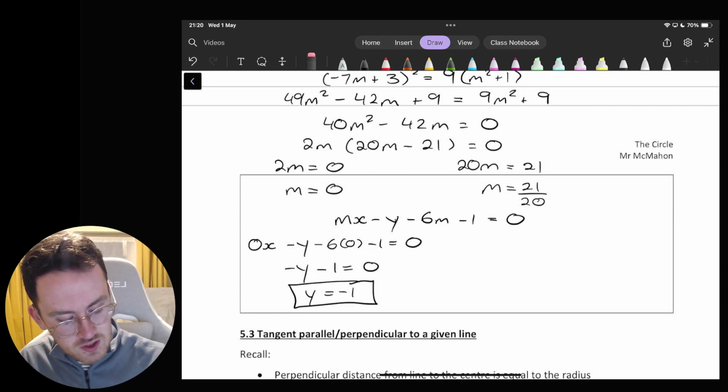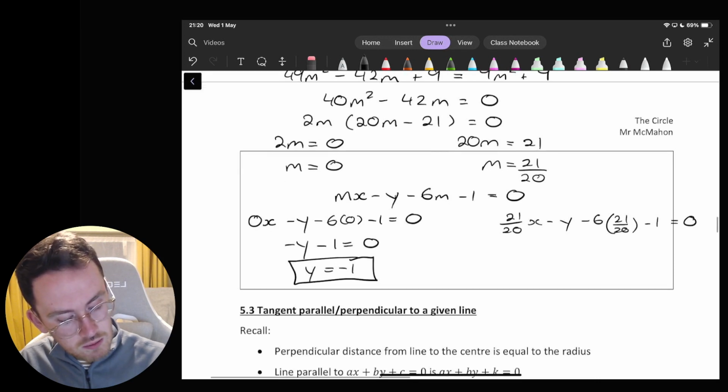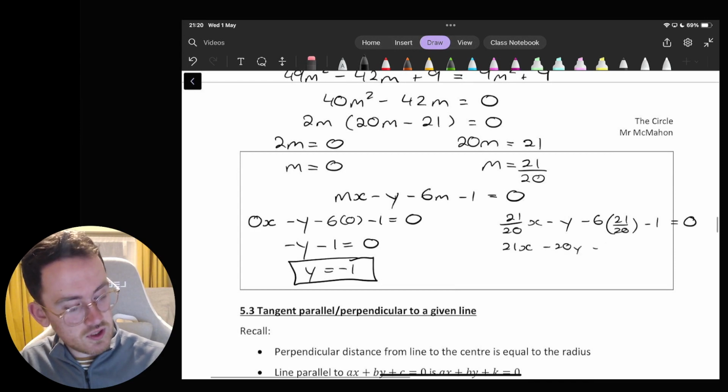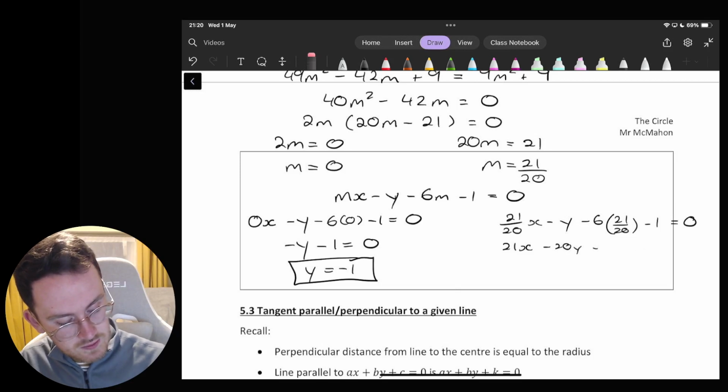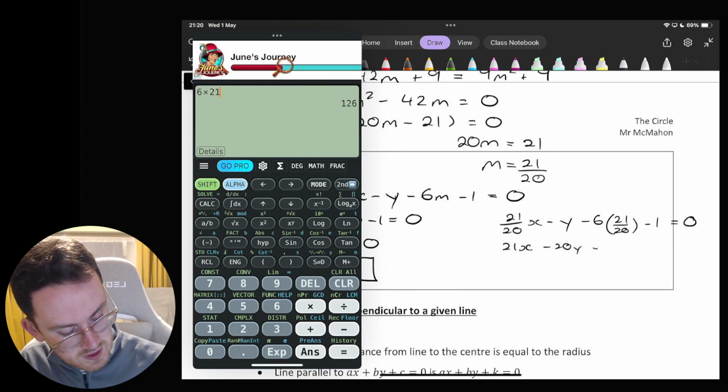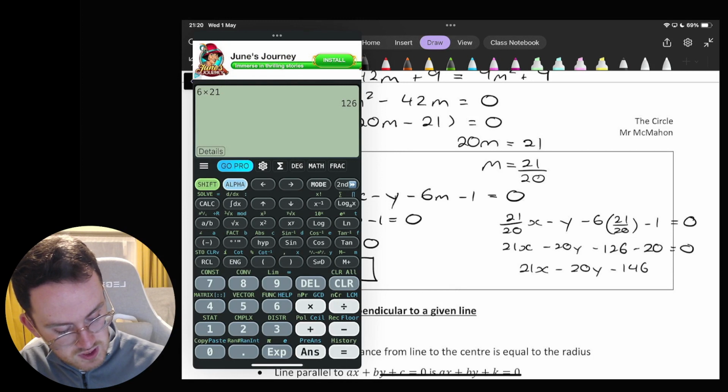The other line that I have then is x minus y minus 6 times 21 over 20 minus 1 equals 0. Multiplying across by 20 to get rid of the fractions, that's 21x minus 20y minus 146, all equal to 0.